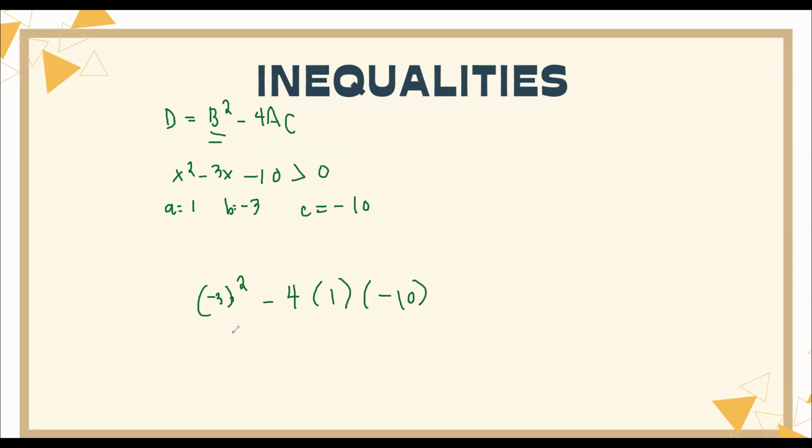We have 3 squared is 9. 4 times 1 is negative 4. And then multiply that by negative 10. You get positive 40. Final answer, 49 is our discriminant. So, ganun lang natin siya kukunin. Simple as that. Okay?